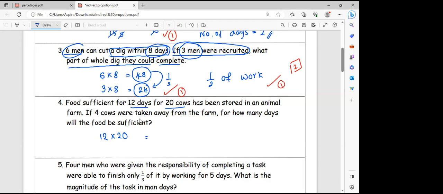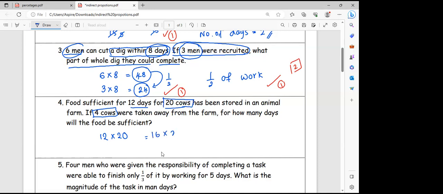Then if 4 cows were taken away from the farm, now how many cows are there? When 4 cows are taken away, 4 දෙනෙක් අයින් කරාට පස්සේ කී දෙනෙක්ද ඉතුරු වෙන්නේ? There were 20 cows. Remove 4 cows, it is 16 cows.